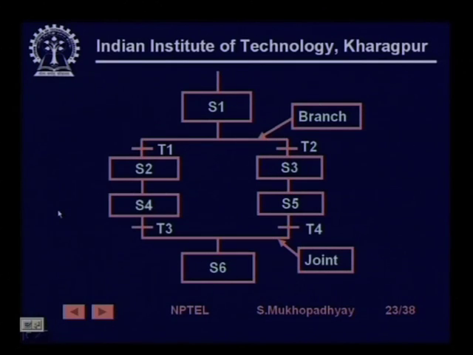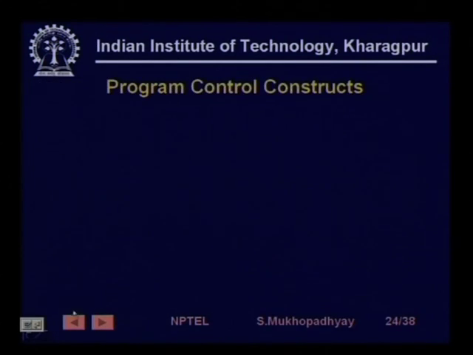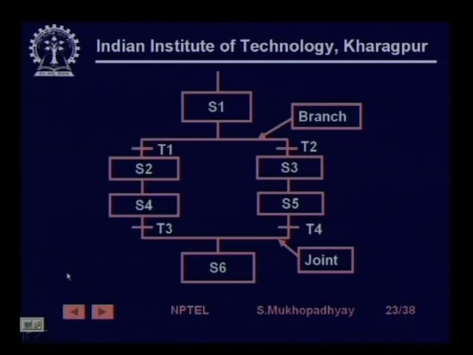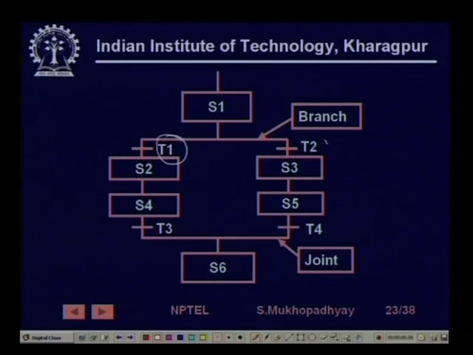You can describe several kinds of programming constructs. For example, this is a case where, while the system is at S1, T1 and T2 are active. Any one of them can become true. If T1 is true, the next active state will be S2. If T2 is true, the next active state will be S3.